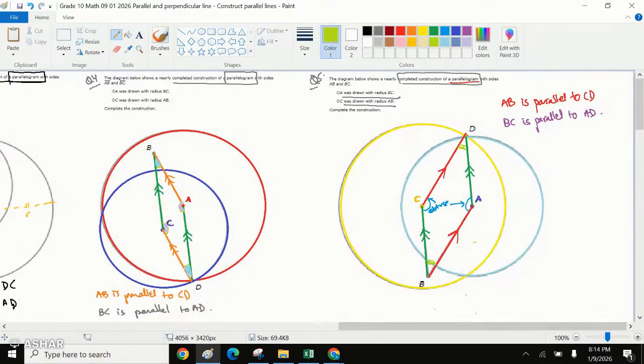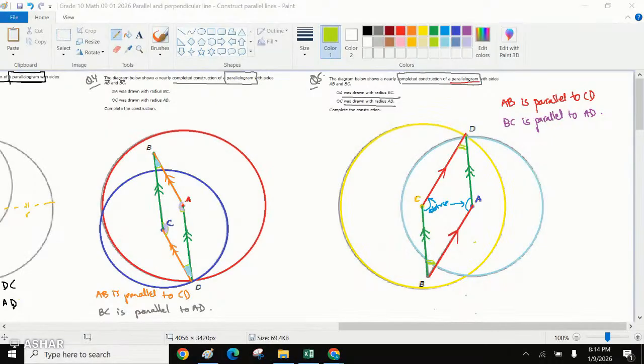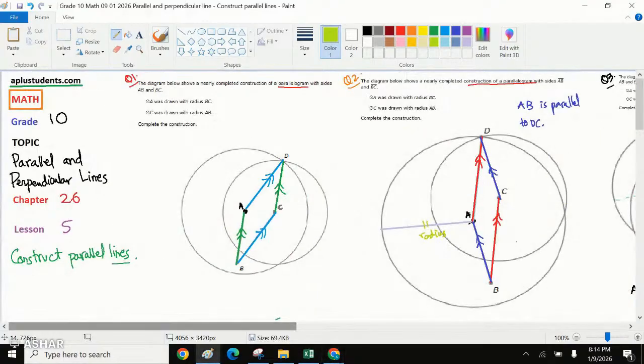Question number 6. I'll just copy the question. Okay, what they are saying is the diagram below shows a nearly completed parallelogram. Okay, let's do question number 6.